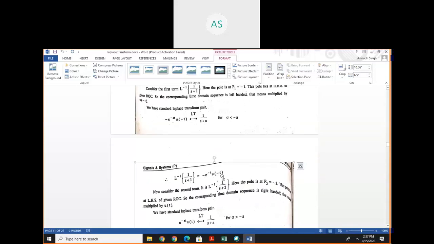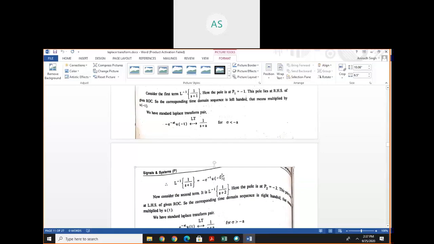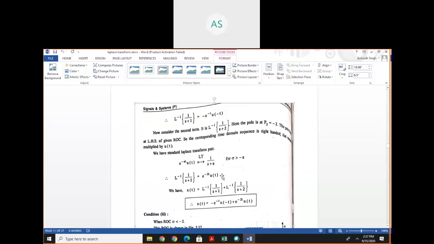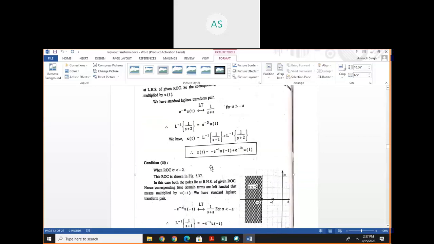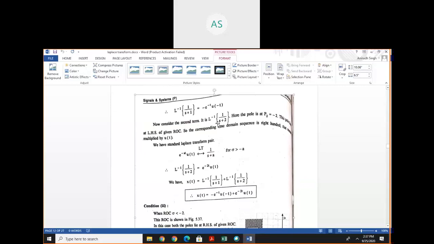Because both poles lie to the left hand side of ROC, in this case both signals are multiplied by u of t, and ROC is greater than minus 1.